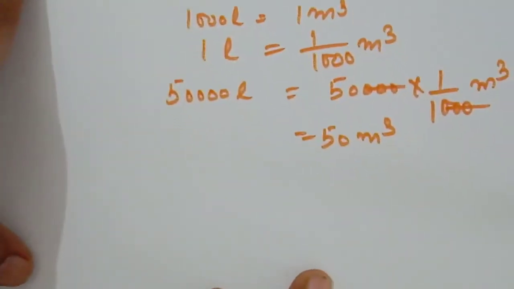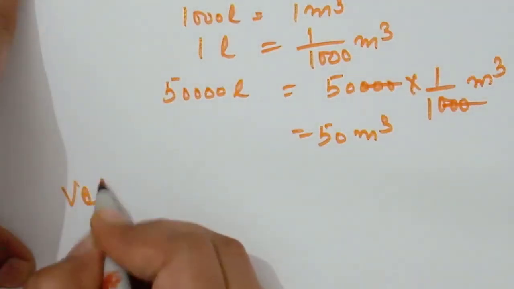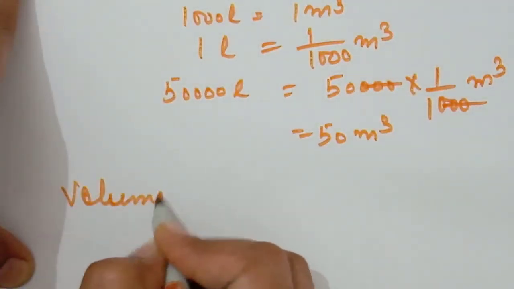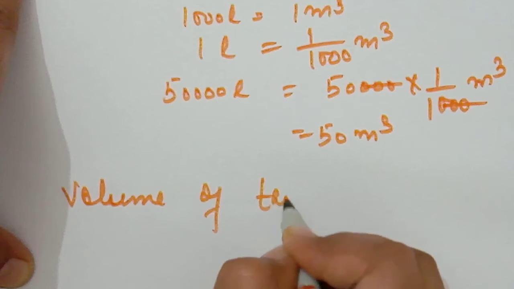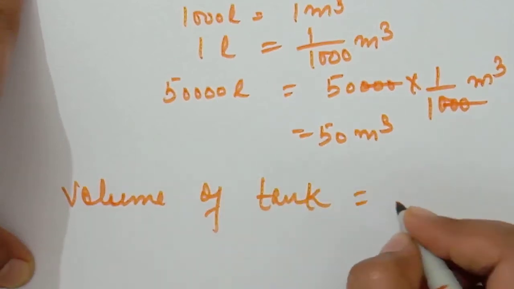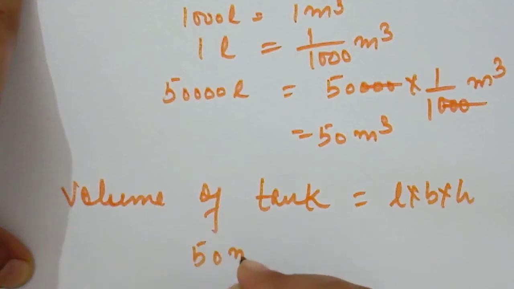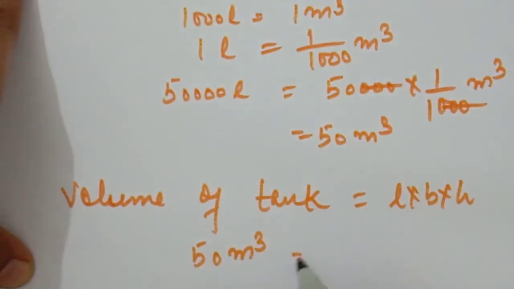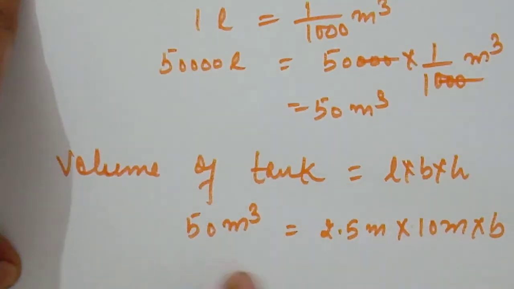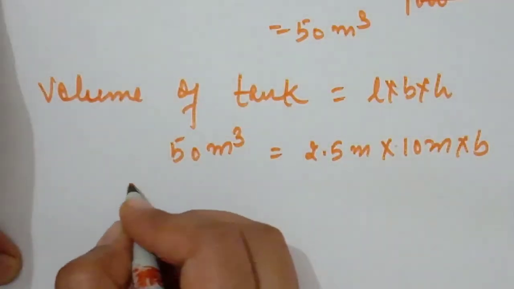Now we put the formula of volume. Volume of the tank, because it is a cuboidal tank, is L into B into H. The volume we know is 50 meter cube, the length is 2.5 meter, the height is 10 meter, and we have to find the breadth. So we shift these two terms to the other side.